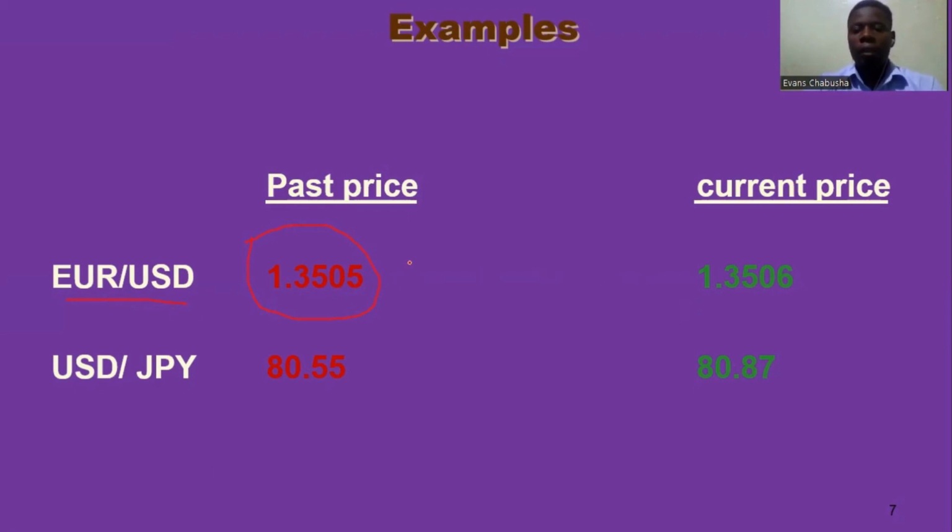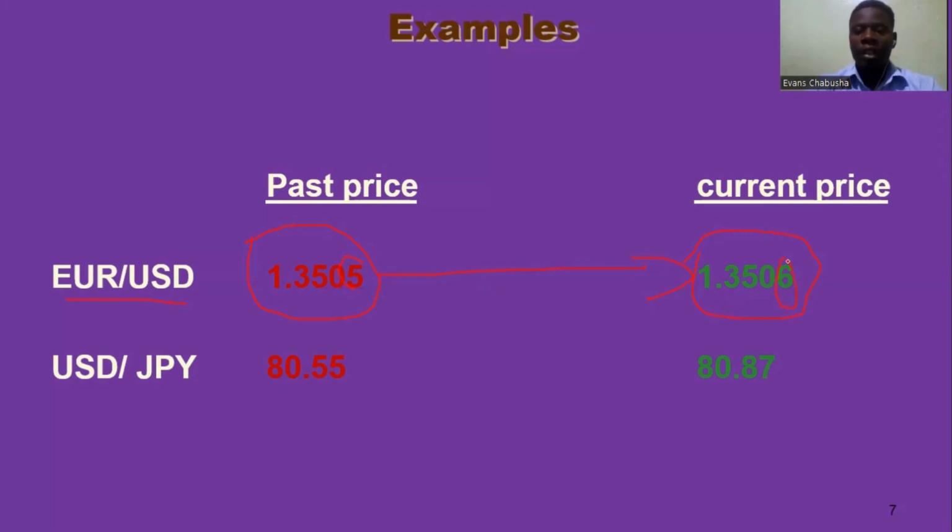Now going into the future, let's say today, you check the rate and it is 1.3506. As you can see, there is a difference. Here the last digit is 5, but in the current price the last digit is 6. So what has happened to this exchange rate?